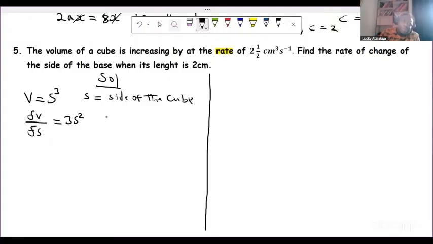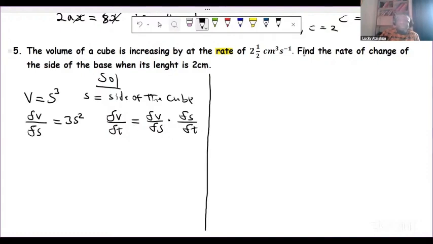So I will generate a formula by saying that dV/dt will now be dV/ds times ds/dt. So that ds will cancel ds, then you have dV/dt equals dV/dt.